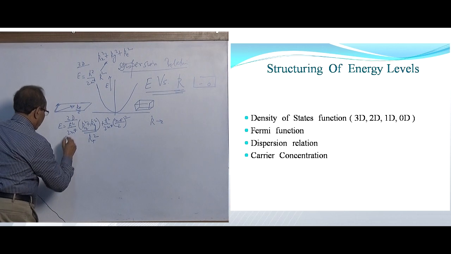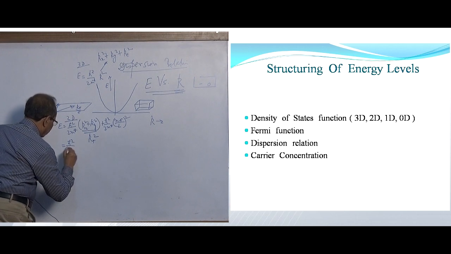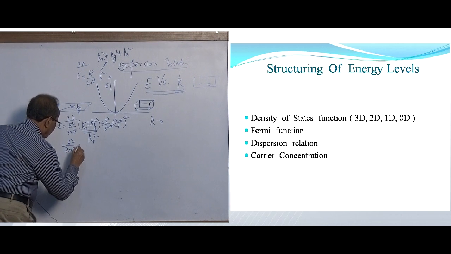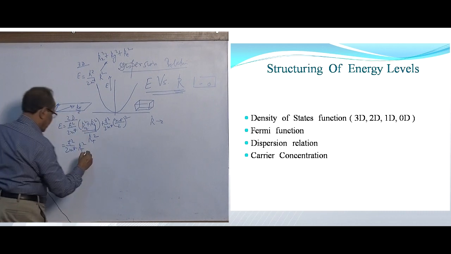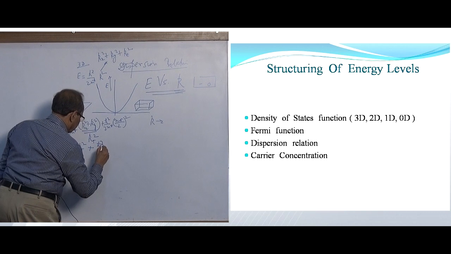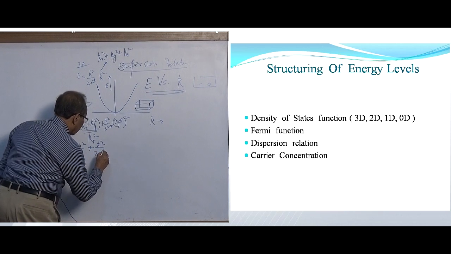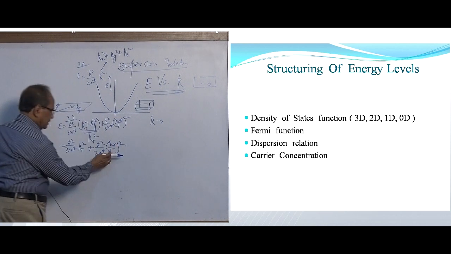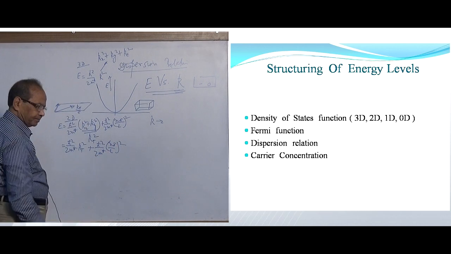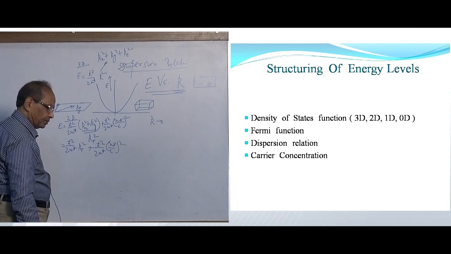So E equals h cross square by 2m star kt square, plus h cross square over 2m star times n pi over L whole square. L is the nano dimension in the z direction, n equal to 1, 2, 3, 4 and so on.